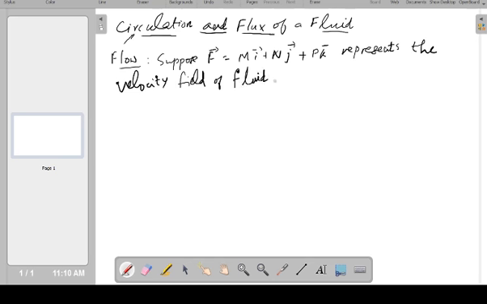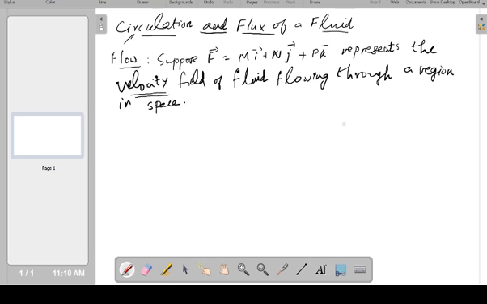Fluid means it may be water, it may be a liquid, or it may be a gas, flowing through a region in space. So this is the velocity field.